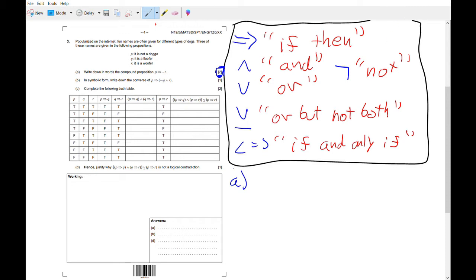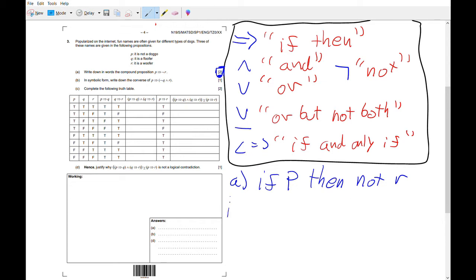We have if P, then not R. Okay? Of course, this is not complete because I have to plug in P and plug in R. But as a first intuition, this is going to be the answer.